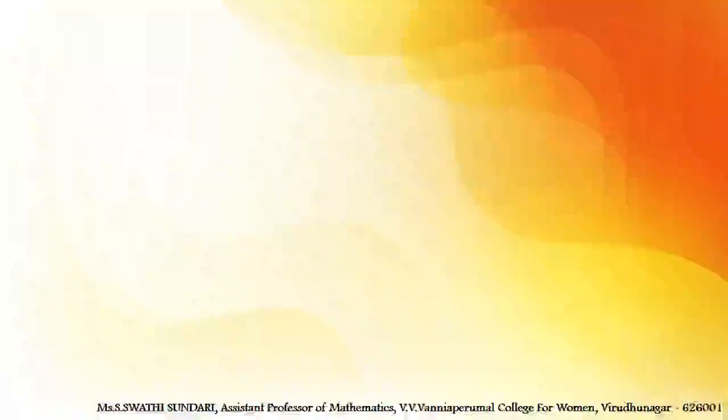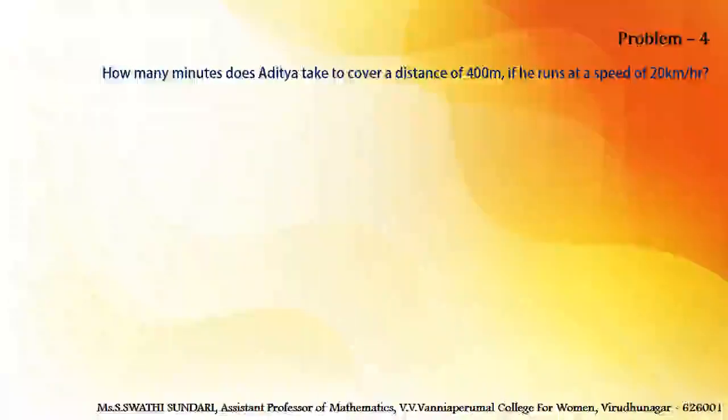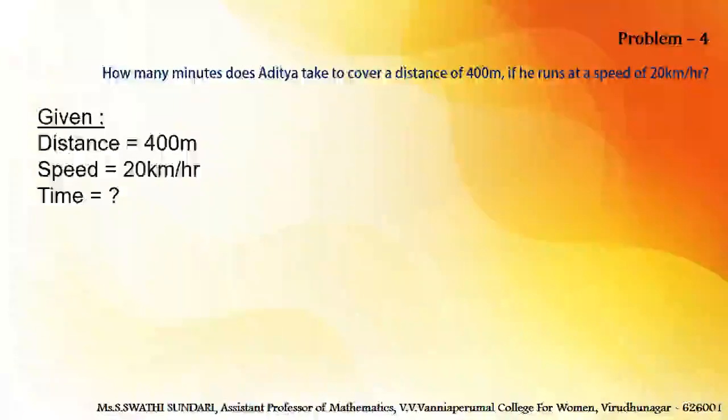So let's solve some other problem to find time. How many seconds does Aditya take to cover a distance of 400 meter if he runs at a speed of 20 km per hour? Here, as usual, we write the given: distance is 400 meter and speed is 20 km per hour. We're going to find the time.